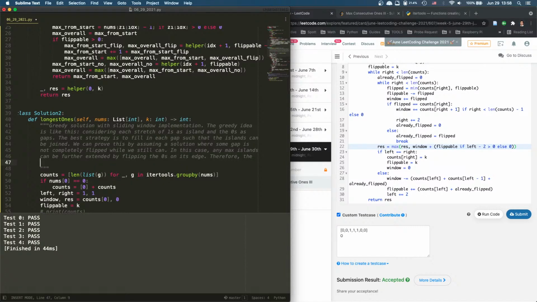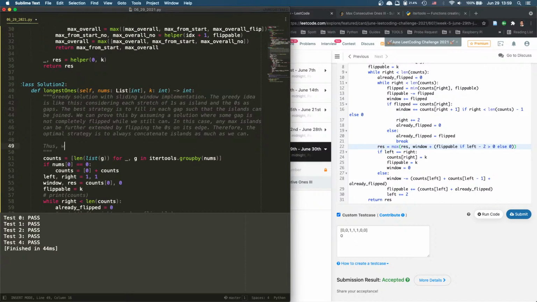Therefore, the optimal strategy is to always concatenate islands as much as we can.